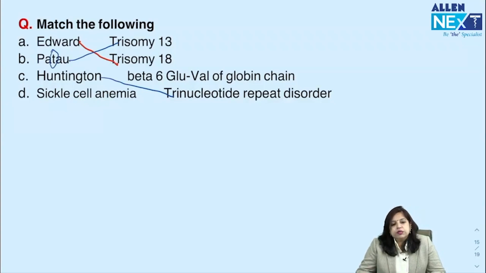And of course, in sickle cell anemia, at the beta 6 position, there is an interchange of glutamic acid with valine, right? Of the beta globin chain. So we know this is what renders the RBC sickle shaped, the abnormal formation of the hemoglobin. So therefore, this was a very, very easy question, and I hope everybody would have got this correct. So the pediatric question, what I feel was sort of moderate to easy.